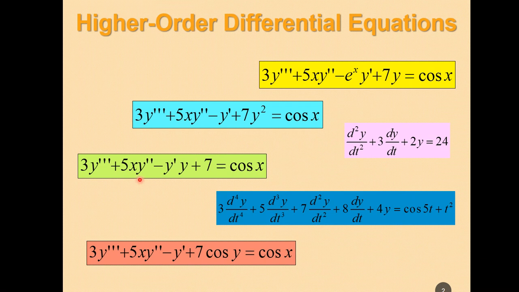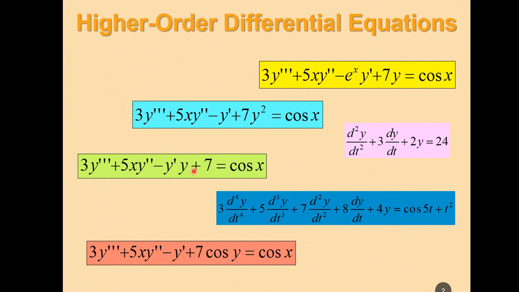Now, as for this particular example, again, quite similar to the first two. The similarity is in the first two terms on the left side and the only term on the right side of the equal sign. If you notice the third term on the left side of the equation, the derivative of your unknown function is multiplied to the unknown function itself.